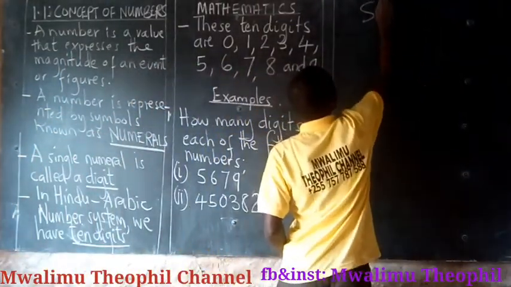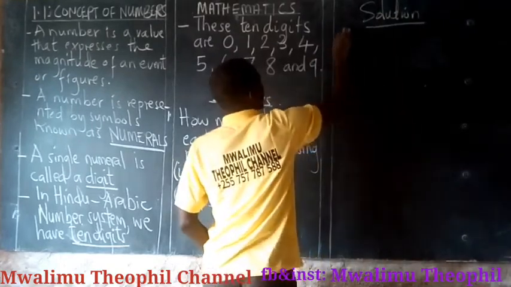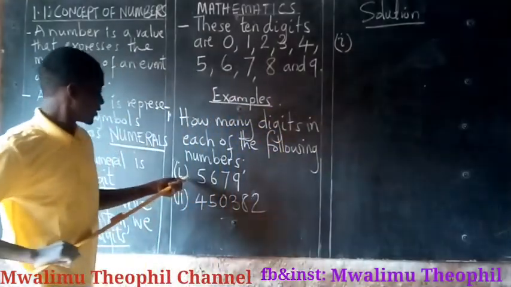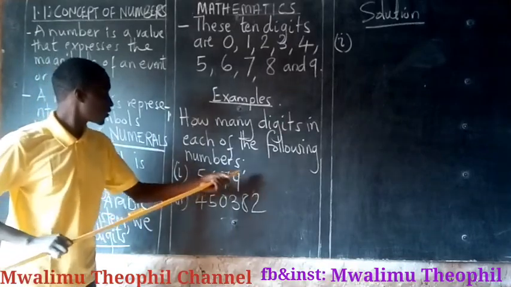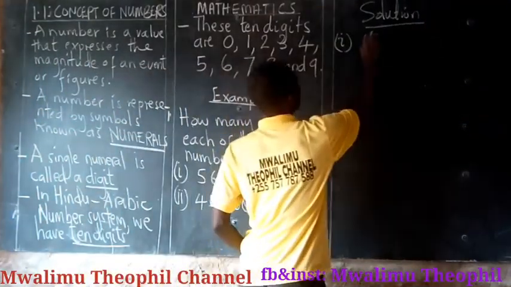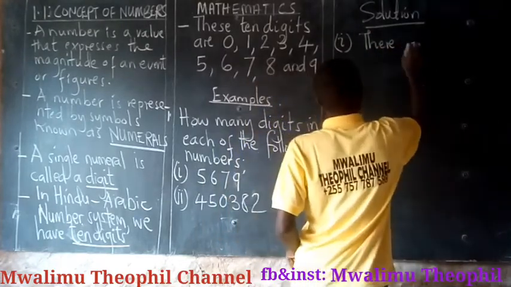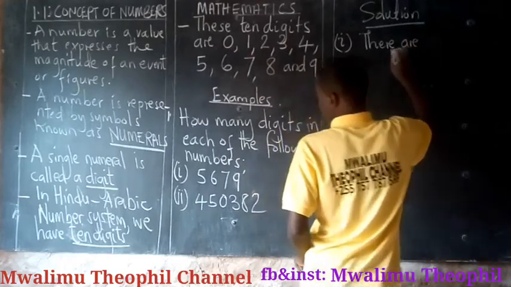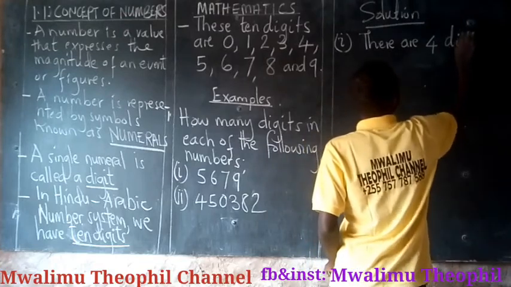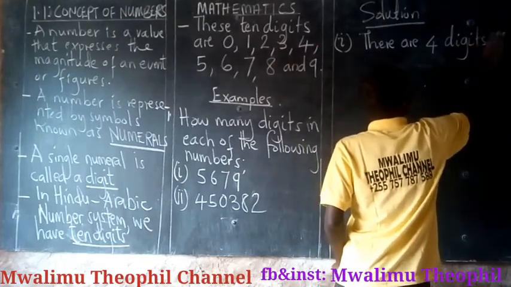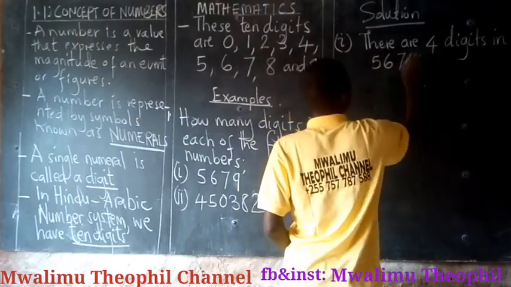The solution for number 1: we have 1, 2, 3, 4. So there are 4 digits in 5,679.